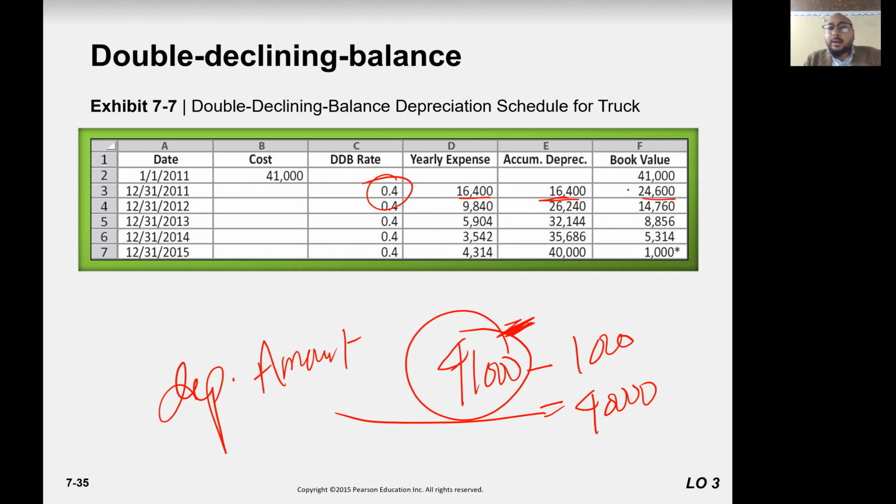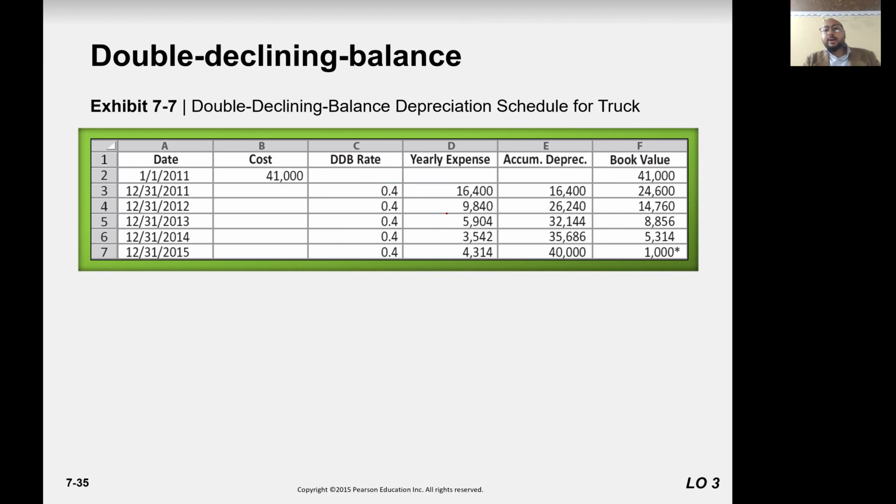And what is the second year depreciation? Second year depreciation is on the second year book value. Book value is 24,600. So you multiply 0.4 with 24,600. Let me just write it down here as well.